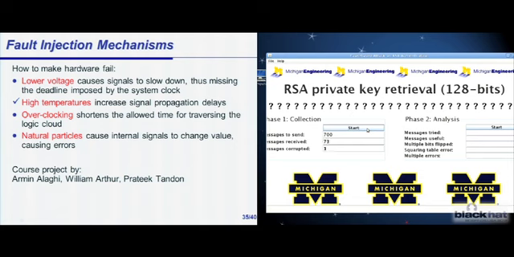Unfortunately, I think my voltage is a little bit too high. It's not making a whole lot of mistakes. But this will take 2 or 3 minutes to run. I asked for 700 messages. My hope was to decrypt the entire key. We'll see how many we get and what we can decrypt. If there is time, I can possibly do another run at the end with a slightly lower voltage to try to get more erroneous messages.